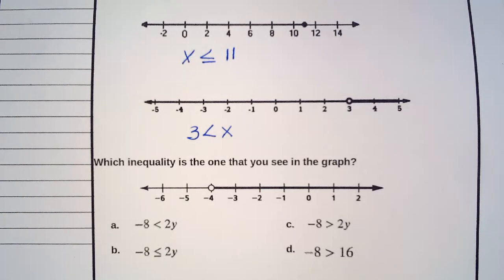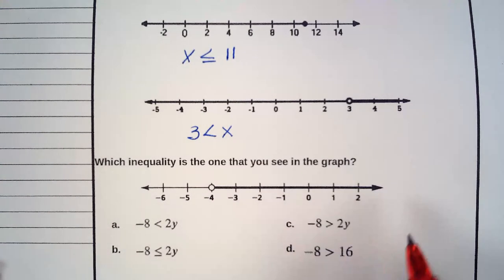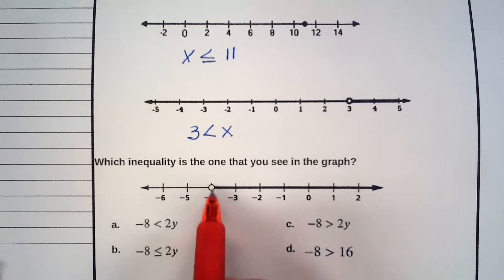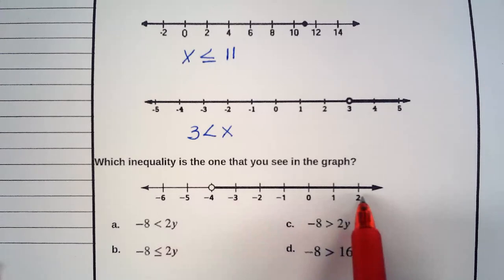Well, number one, we'd probably divide by 2. But let's see which ones are not acceptable. So we kind of save ourselves some work then. Okay, as I'm looking, this is a greater than statement. Or less, if you're looking at 4, 4 is the smaller number.